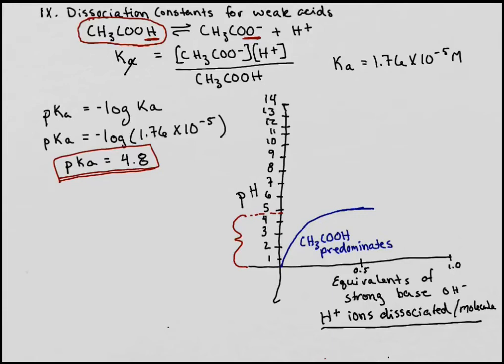Now, as we add more and more base, we start to see that inflection point change, and the species that predominates at pHs above the pKa is the conjugate base, CH3COO minus.